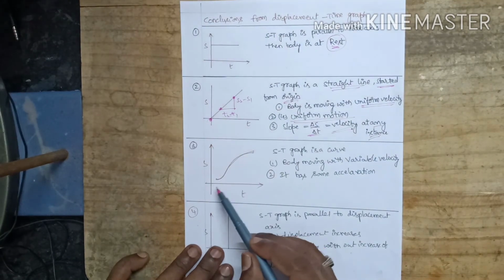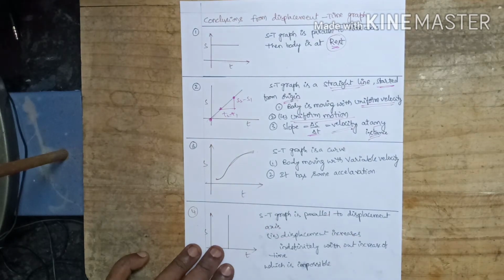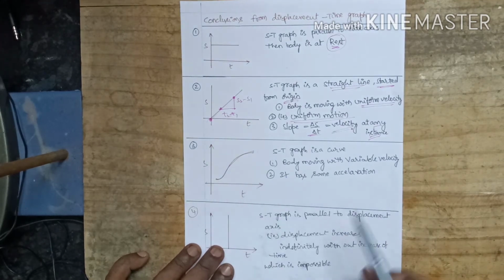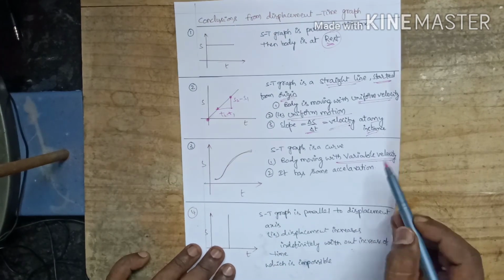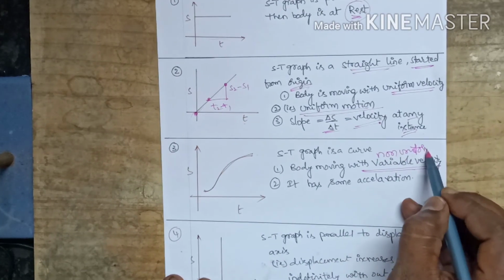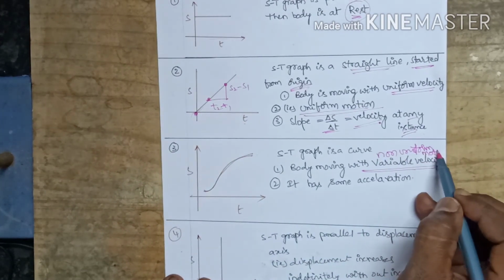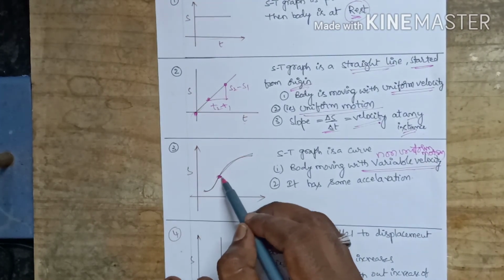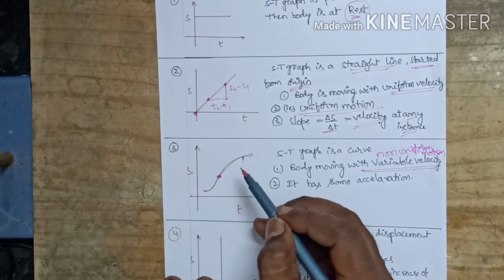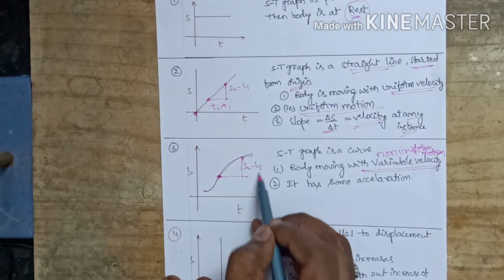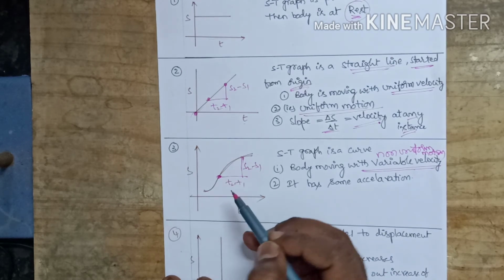Now observe, this is a curve. These are all the graphs we already drew from the different kinds of examples. Though it is a curve, this means the body is moving with variable velocity, which means non-uniform motion. Here also if I want the displacement or velocity, we can take it between 2 points, that is S2 minus S1 by T2 minus T1.